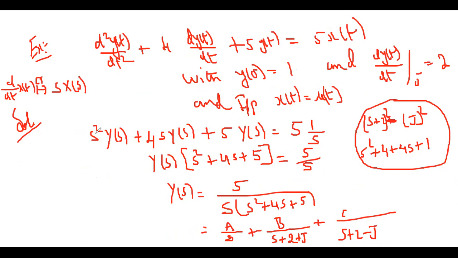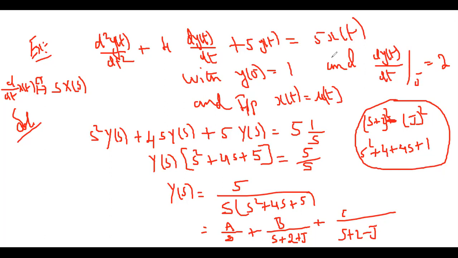If it is a unilateral means s square Y of s minus y of 0 is there. And here also s into Y of s minus y of 0 minus. Okay. In that case, it is useful. Otherwise, when directly can apply the bilateral Laplace transformation, no need of using the initial values. No need of the initial values.